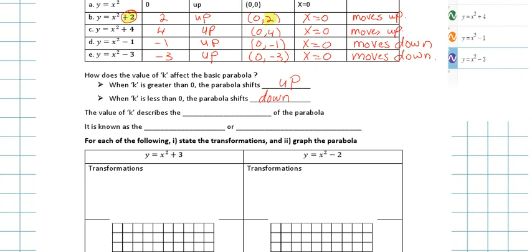I'm going to say the vertical translation. It's also known as the vertical shift, or the y value of the vertex.